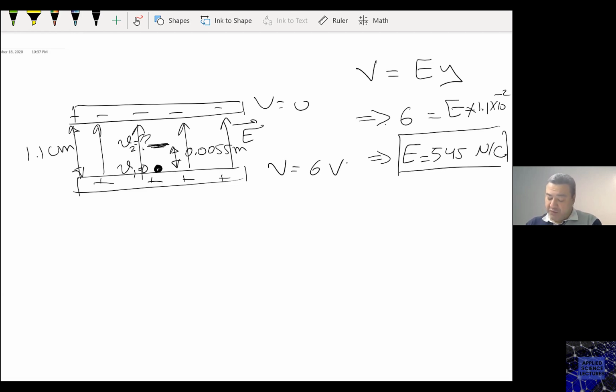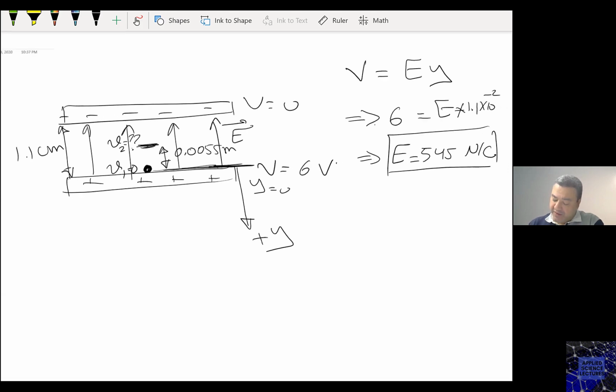So if I look at this as my reference, this is my y equals 0, and then I will be pointing toward the positive plate, so this is my plus y, right?